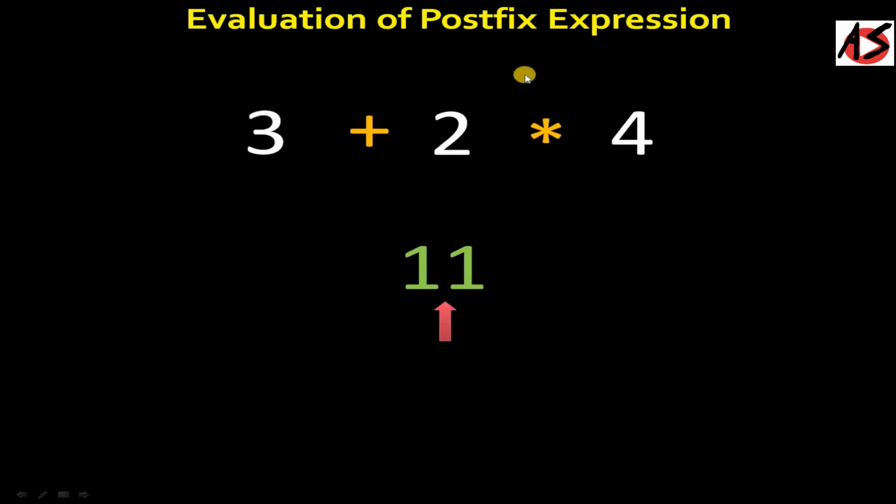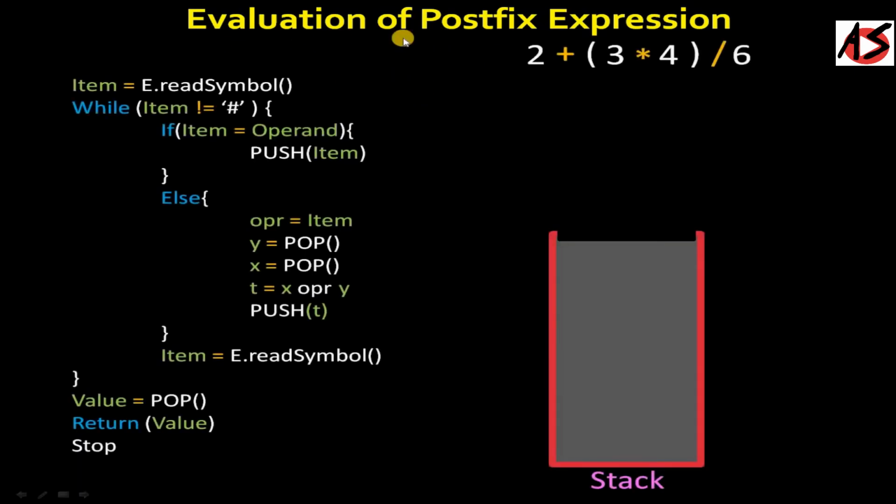So let's begin. Here you can see the algorithm and the sequence of steps for evaluation of postfix expressions. Here we have a simple expression. First you have to convert this expression into a postfix expression.